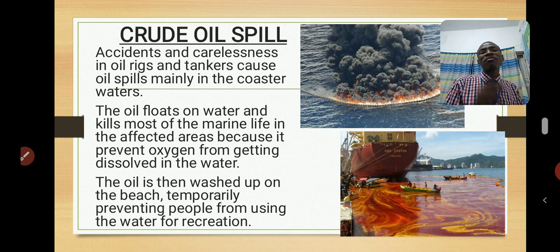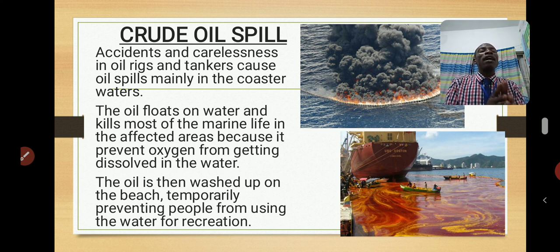Now, this crude oil spill may not occur on water alone. It can even occur on land. It can occur onshore. Whenever crude oil spills on land, the fertility of that land is affected. There's barely anything you can plant on that land that will grow because of the presence of oil that is there.